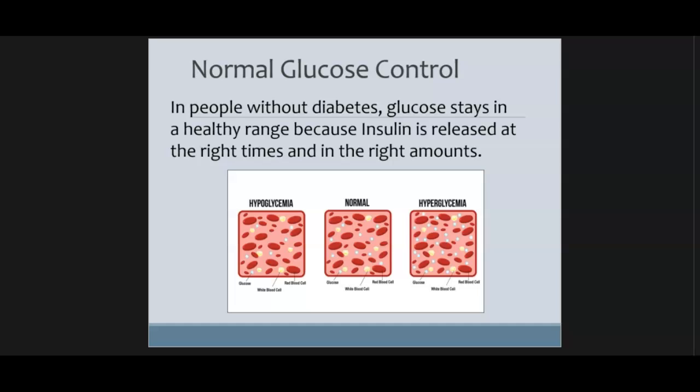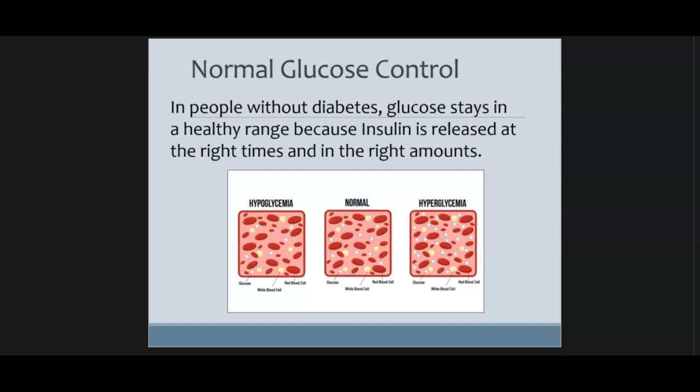So normal glucose control: in people without diabetes, glucose stays in a healthy range because the insulin does just what it needs. At the right time, insulin is released, carries glucose into the cells, and keeps the amount of glucose in the bloodstream at an appropriate level, not too much, not too little.